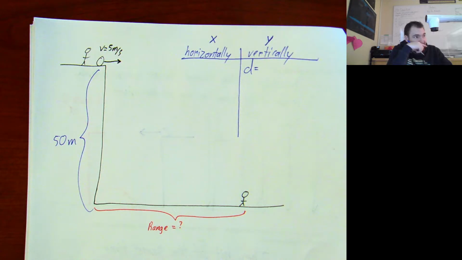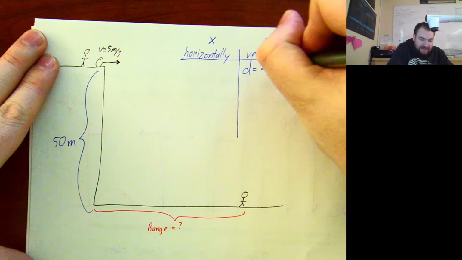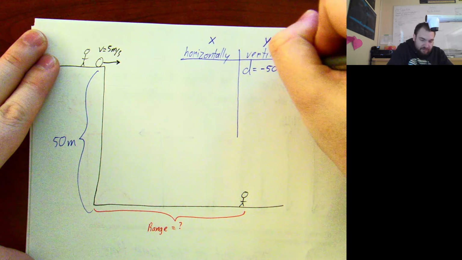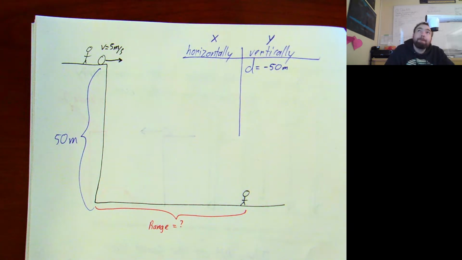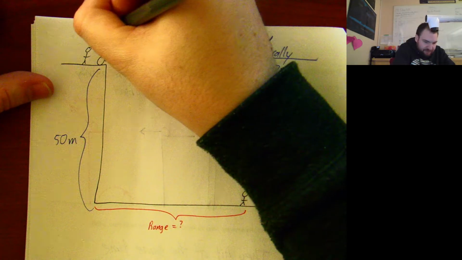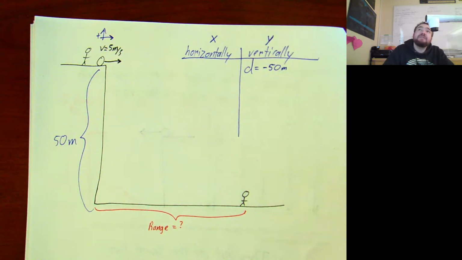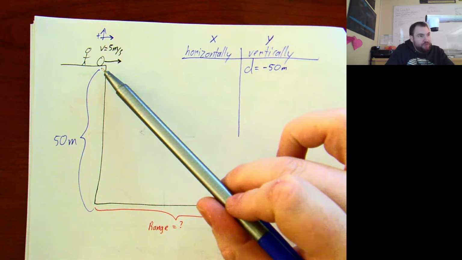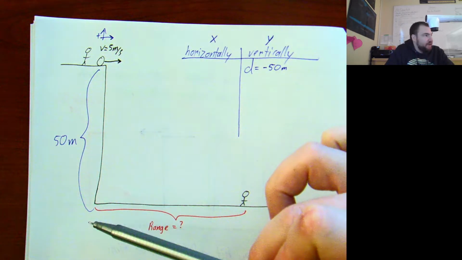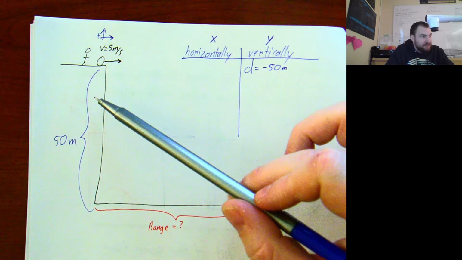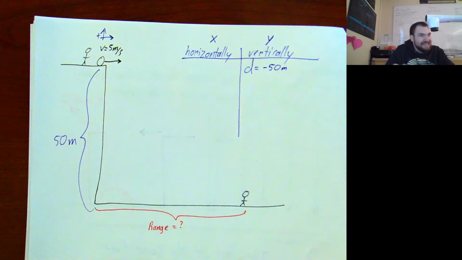Oh, it's minus 50? Yeah, it's going to be negative 50. Why is it negative? Because if you consider up to be positive, then down is going to be negative. And the ball, it's not about the distance the ball is falling, it's about the distance and the direction that the ball is going. So the ball is going to go 50 meters down. That's going to give us a negative displacement.